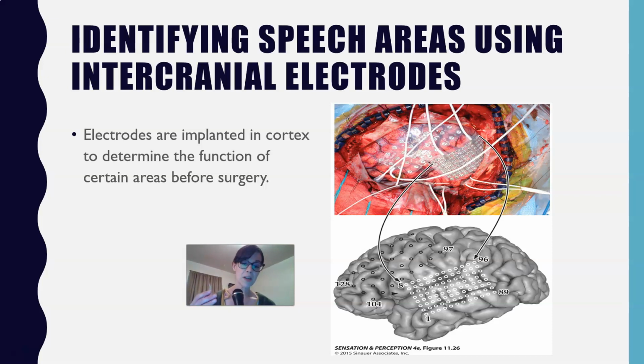You want to preserve speech in these particular areas as much as possible. So electrodes are implanted to determine the function of certain areas, so that when you engage in these surgical procedures, you're not removing an area that would be detrimental for speech perception or speech production.